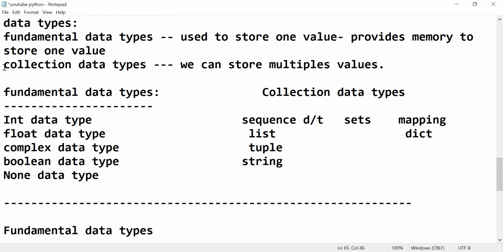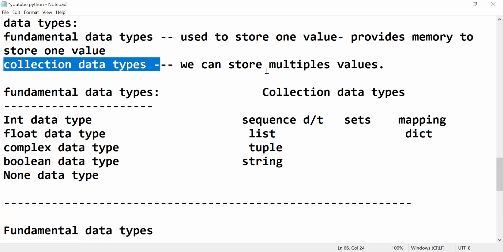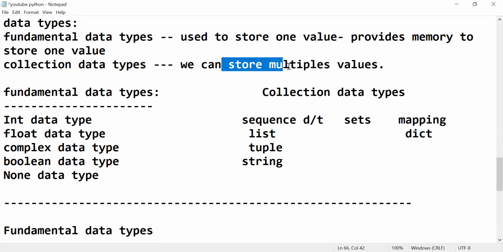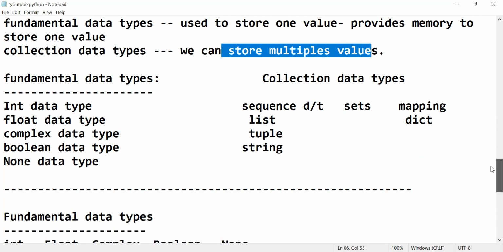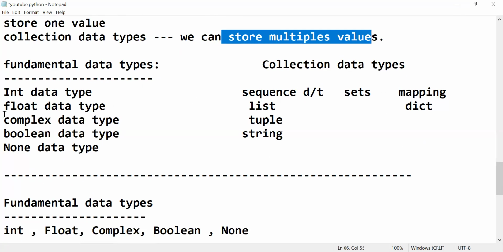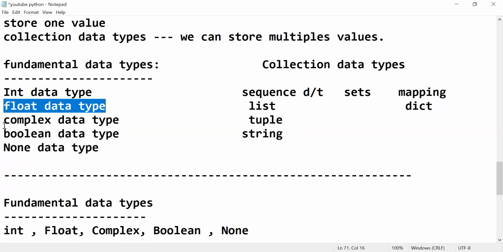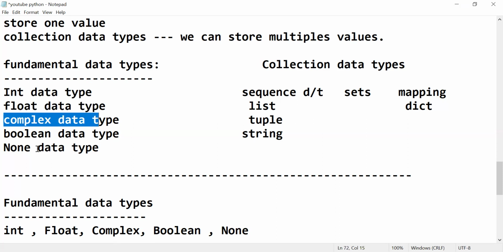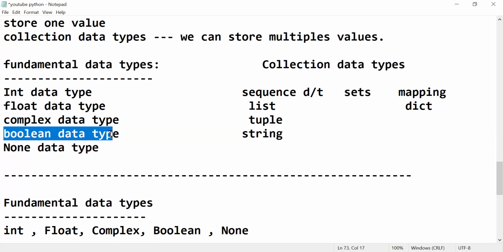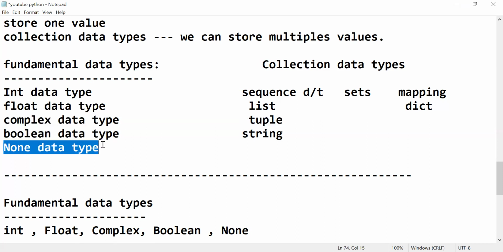In collection data types, memory is used to store multiple values, guys. And yesterday we also discussed that in fundamental data types, we have int, float, complex, boolean, and none data type, right?